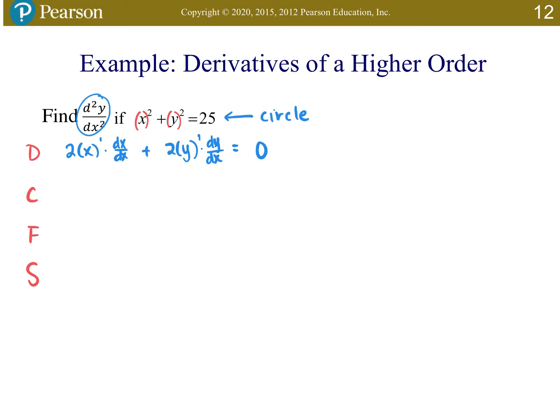And then we will want to reduce and clean up what we've got. So we're looking at 2x plus 2y times dy dx, equal to 0.